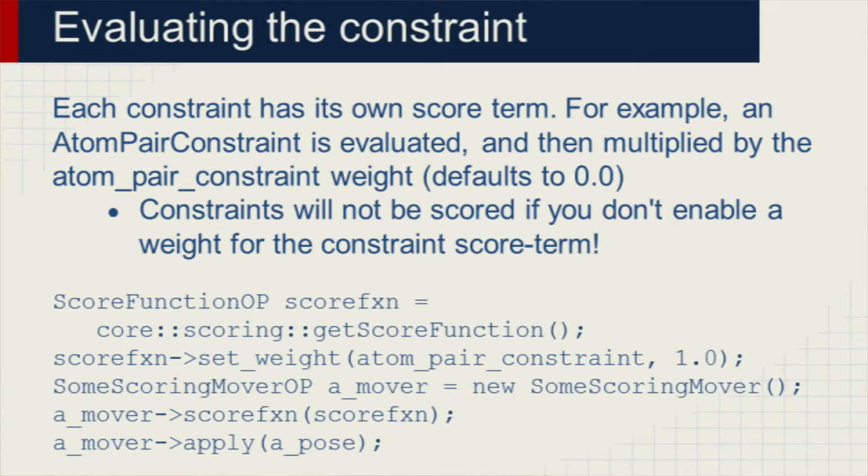Otherwise, things don't work because most of them default to 0 in a lot of energy functions. So if you add a constraint to your pose, you have to make sure that you're using it with the appropriate constraint weight turned on in your score function. And here is an example of how to add that into your score function.